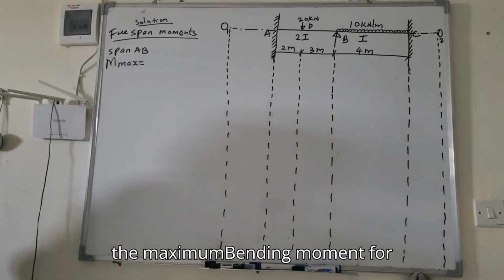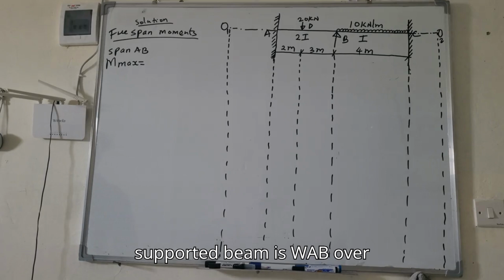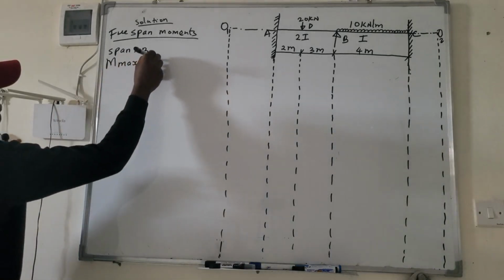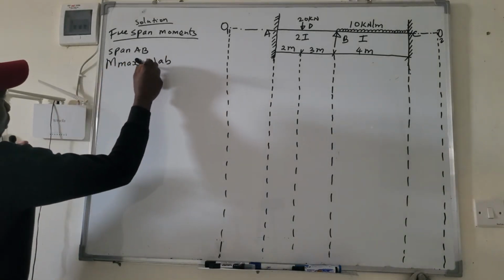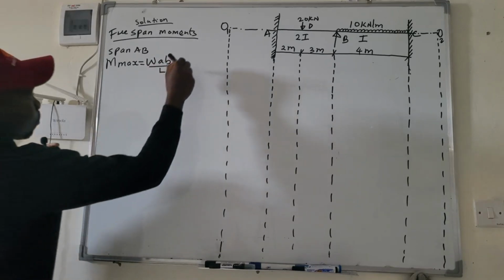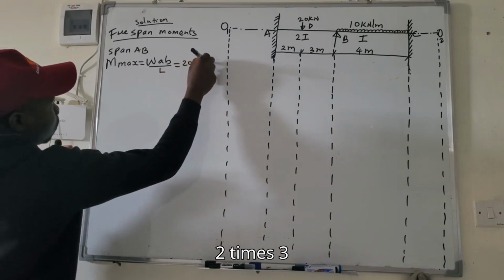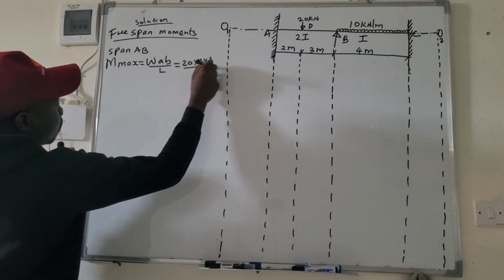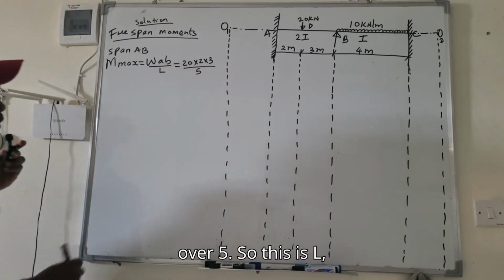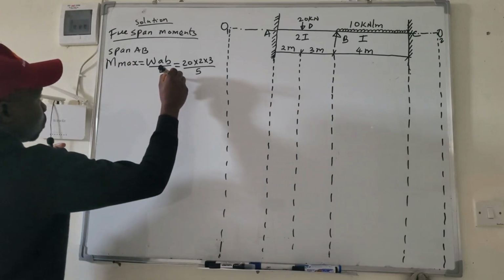The maximum bending moment for an eccentric simply supported beam is WAB over L. So this will be 20 times 2 times 3 over 5, where L is 2 plus 3, which is 5.